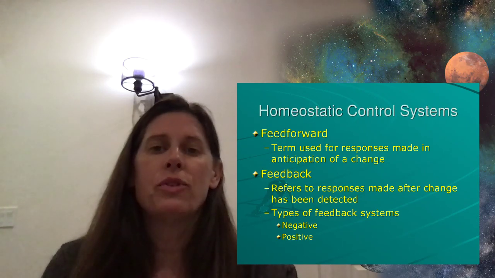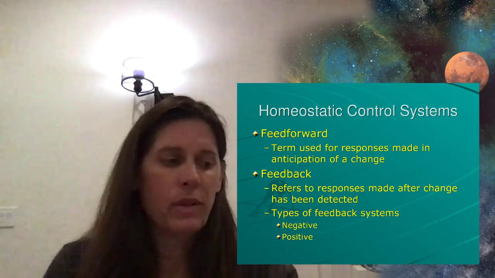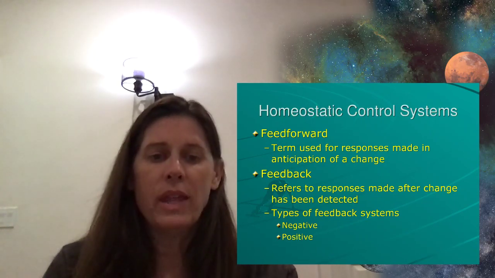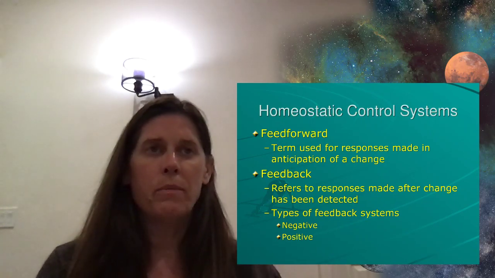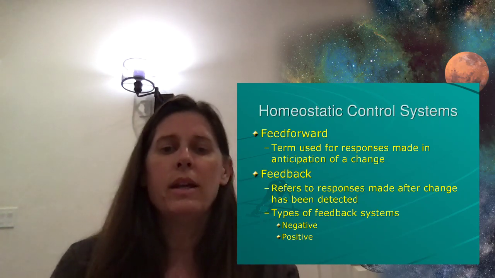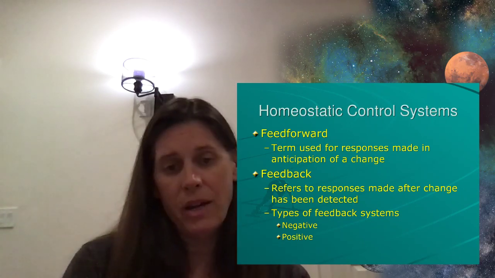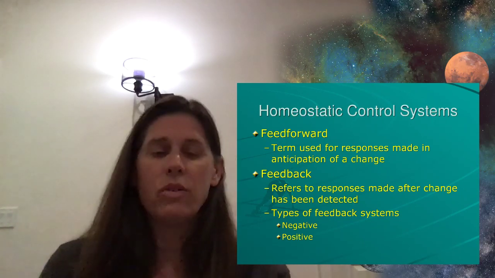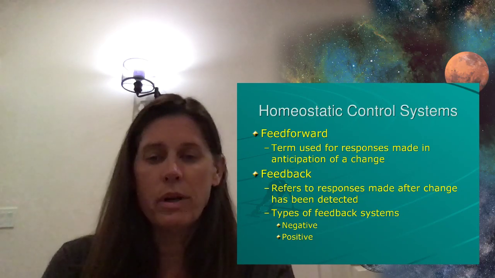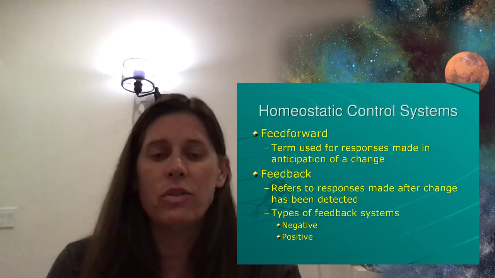Okay, so I mentioned feed forward and feedback systems. These are systems that are going to help control that homeostatic control system and help maintain, or it might modify, homeostasis. So the first one here is feed forward. Feed forward systems are not quite as common, but these things do happen.